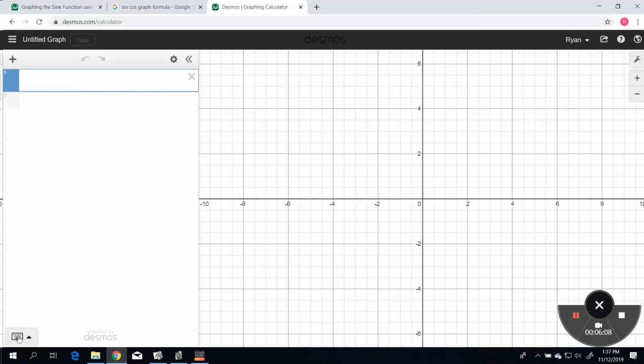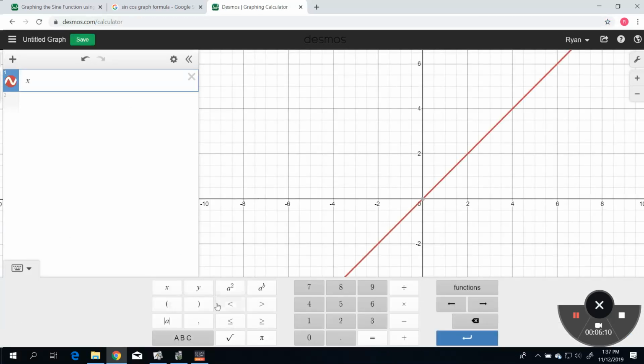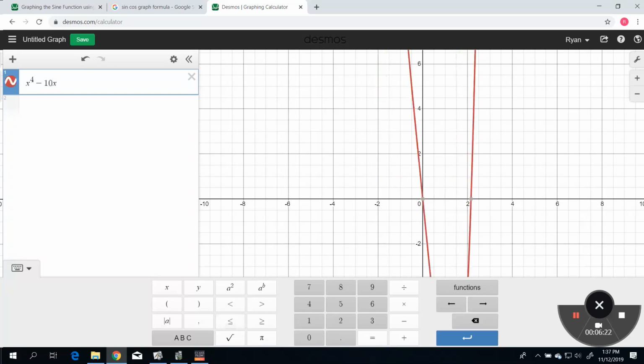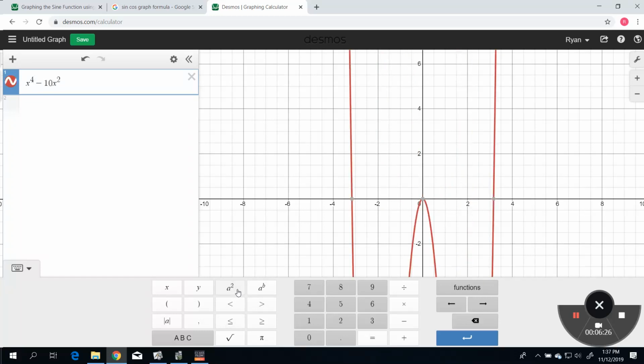So I go to Desmos, I type in the equation x to the 4th minus 10x squared plus 9.